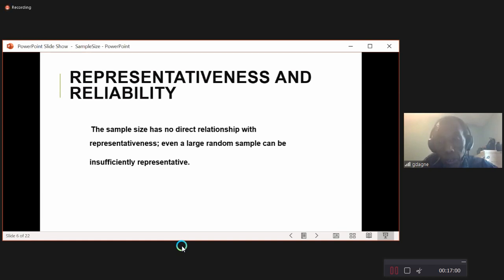And that's why you need to design. It's another thing people usually don't talk about. The experimental design or the survey design is very important, to make sure that your sample is as representative as possible of the population that you are trying to study.